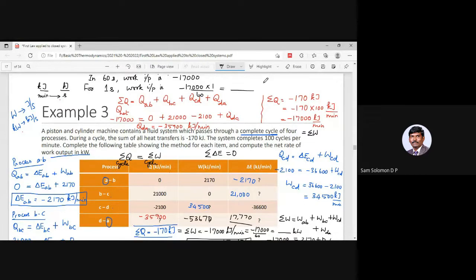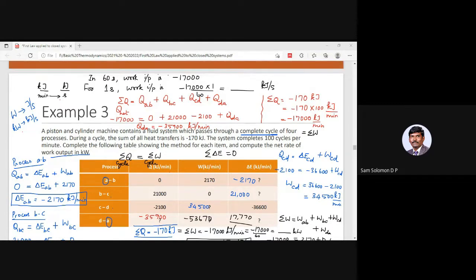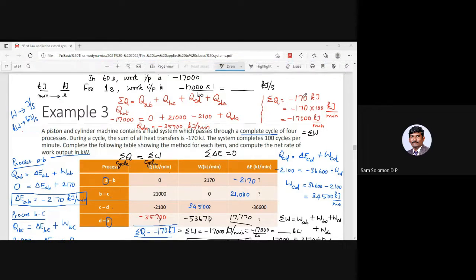Is that okay? I don't know who asked it, but now it should be convincing. Is it convincing, guys? Yes, sir. So it is 283.33 minus 283.33 kilojoule per second or kilowatt.